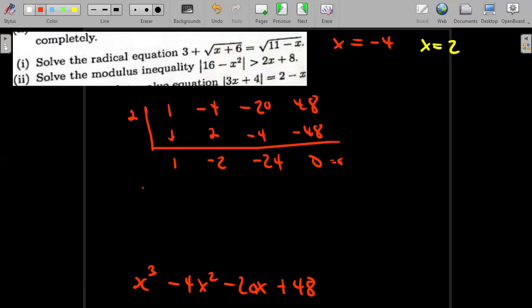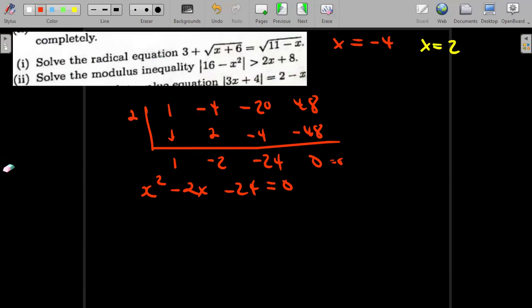And this is simplified to x squared minus 2x minus 24. And here we can just say this should be equal to 0. Then we can factor out. We can use any method; I'll use completing the square.